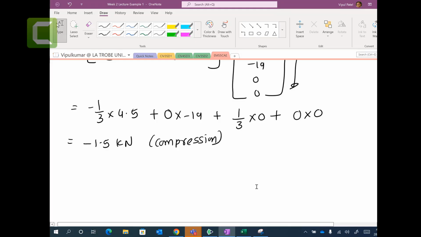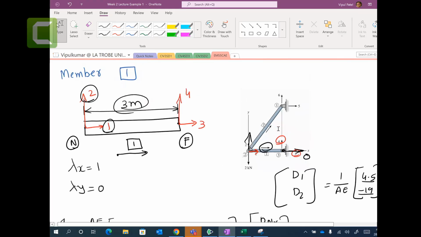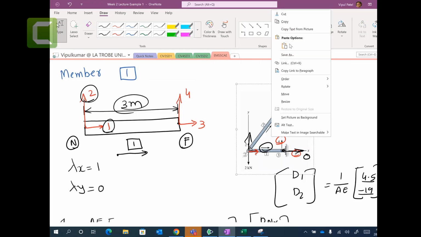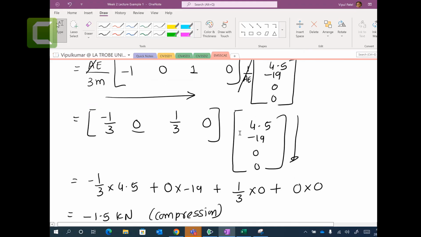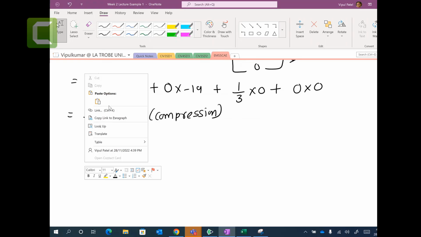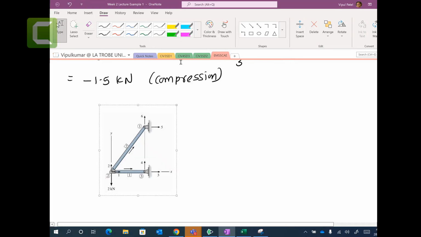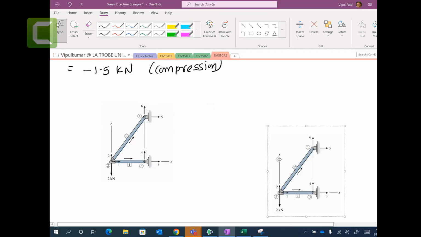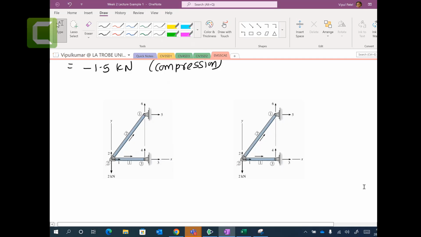And if I want you to find out how you are going to draw it, let me put it here. Here you go. And let me put it one more. Okay. Now we have a 1.5 kilonewton reaction force going this way, and 1.5 kilonewton going this way.